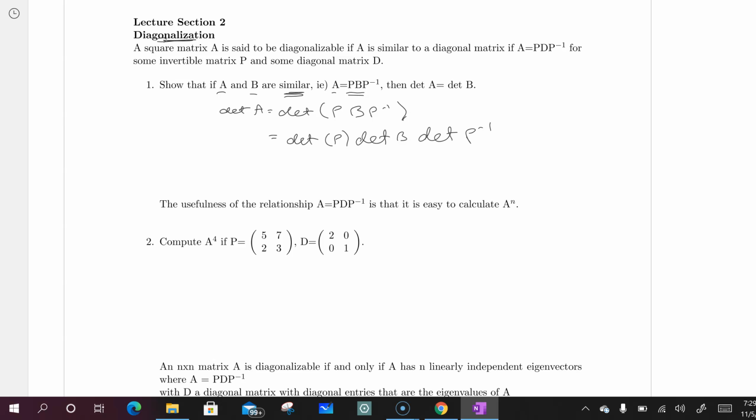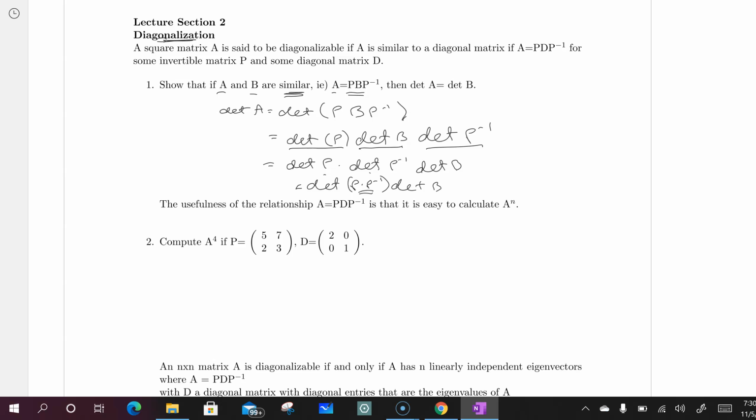I can separate it, and then what do I know about this, this, and this? Each of them are numbers, and so I can move numbers around. So I'm going to move this, and then I'm going to join these together. So P times P inverse, kind of the opposite of what I did in the beginning.